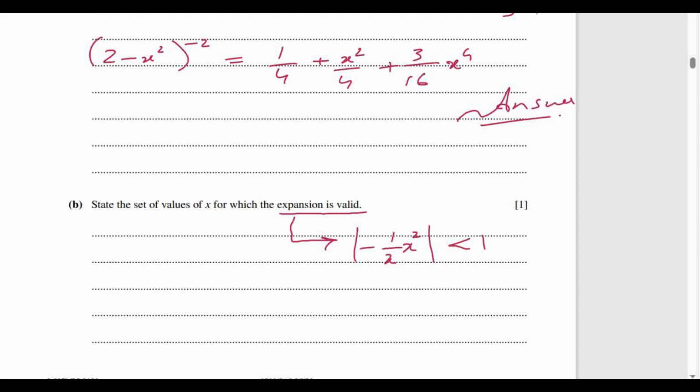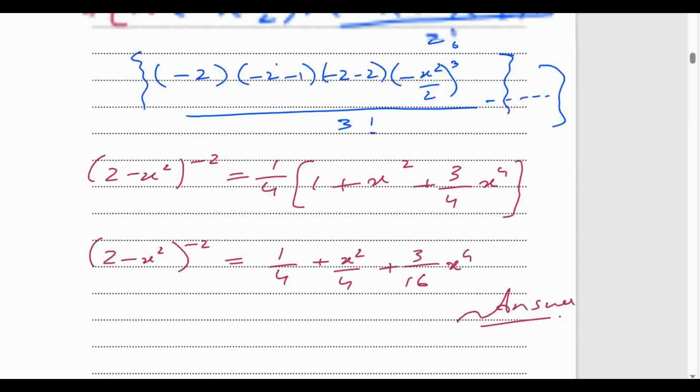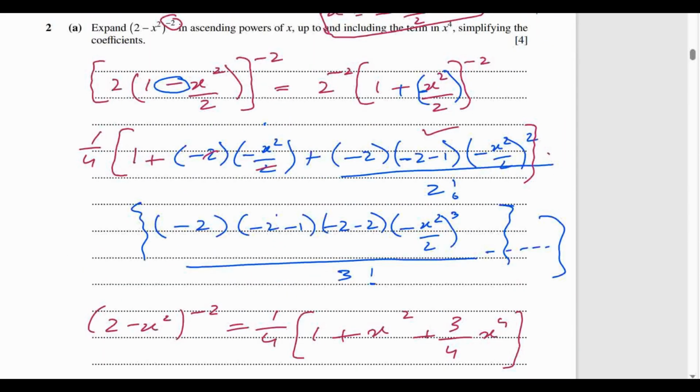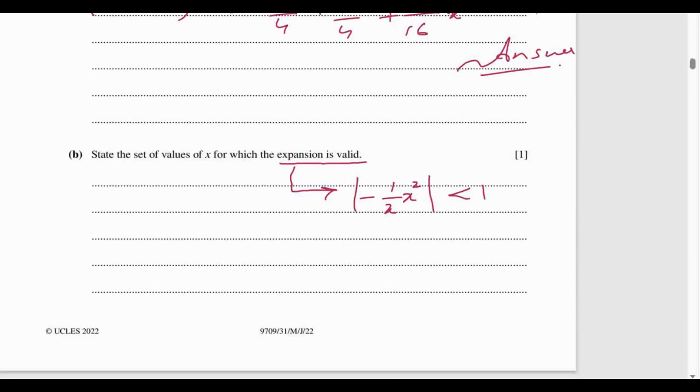Now we will use this concept. Expansion is valid का मतलब यही है कि आप जब ये कॉमन लिया आपने तो माइनस 1 बाय 2 एक्स स्क्वेयर शुड बी लेस देन 1. अब लेस देन 1 होगा तो तभी आपके पास पॉजिटिव आएंगी. So we can use this point.